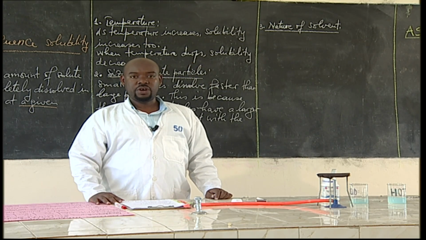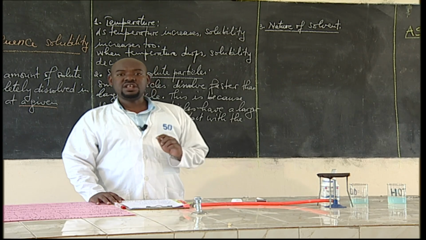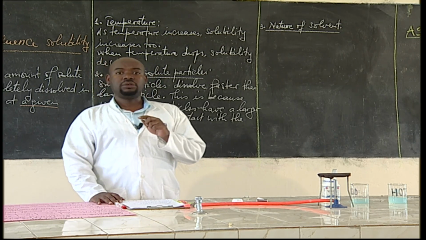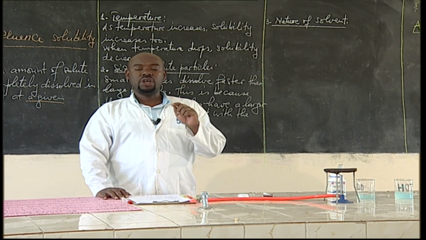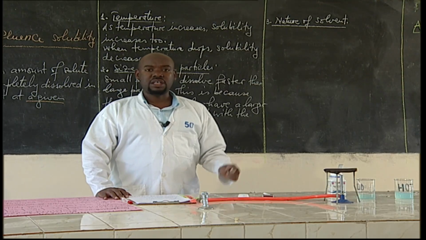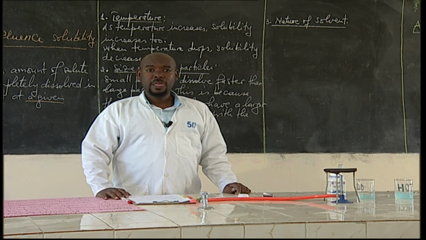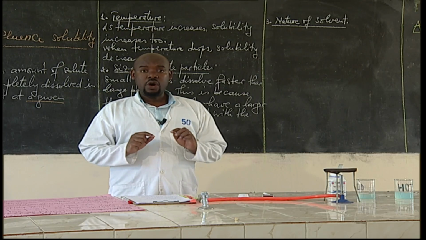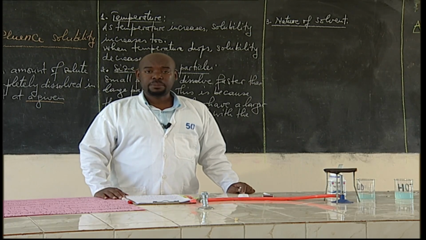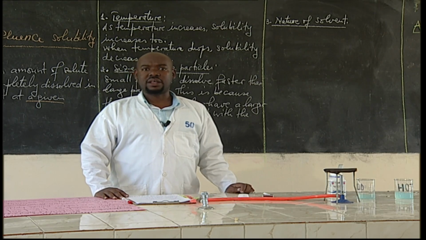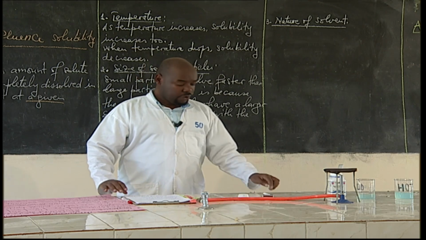Hope you remember that very well. And we have seen that covalent compounds are soluble in organic solvents, but insoluble in inorganic solvents, such as water. Now we are going to demonstrate that. Does it really work like that? Let us have a look.